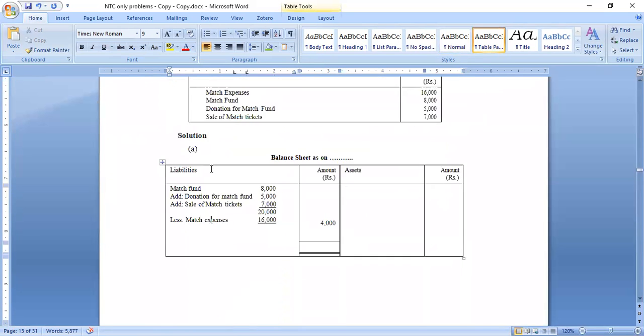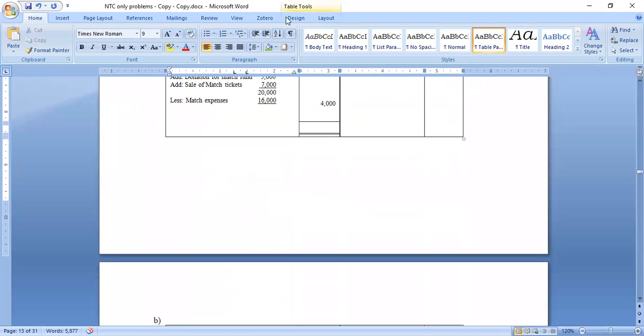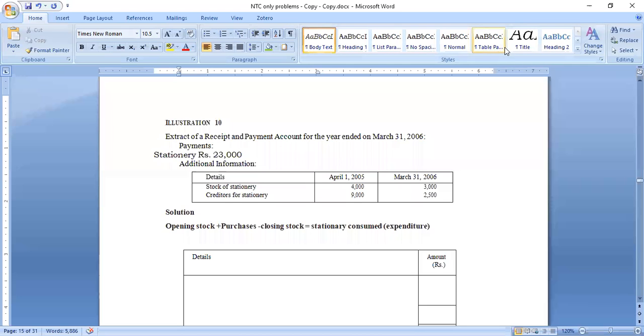So I'm going to another illustration, for stationery consumed. If they give information like this, how do we have to deal with this stationery?